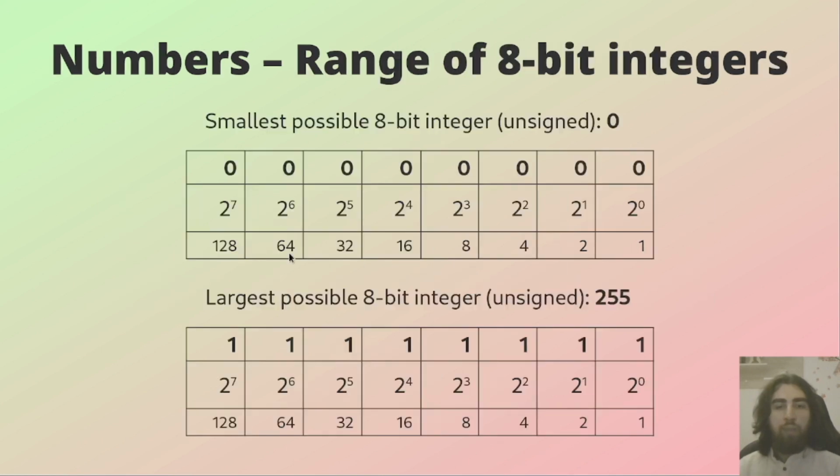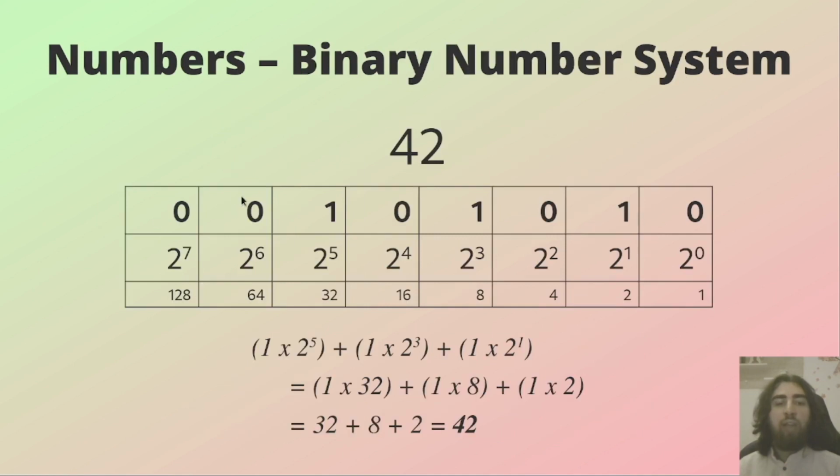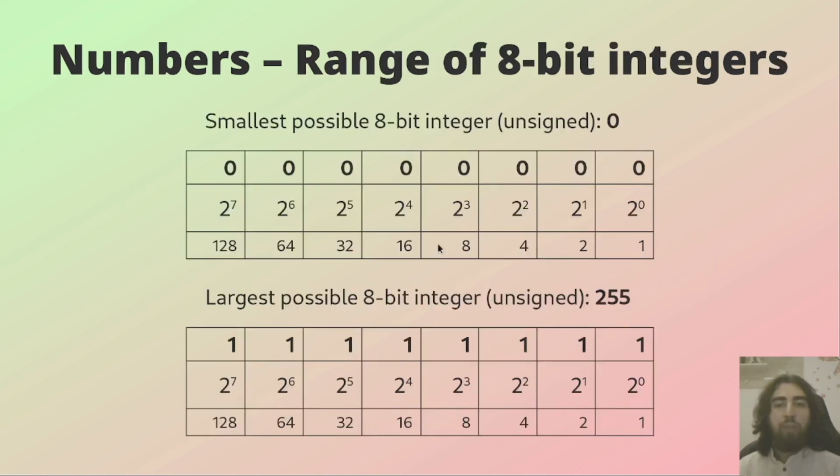All right. Now you might ask, okay, how far can we go with this? What would be the largest possible number we can represent? And let's for that see the range of 8-bit integers. So the smallest possible unsigned 8-bit integer would be 0, right? I hope this makes sense, because if we have a 0 in every position over here, the result will just be 0, right?